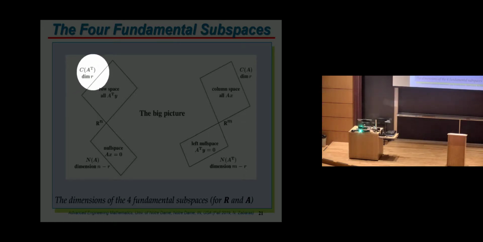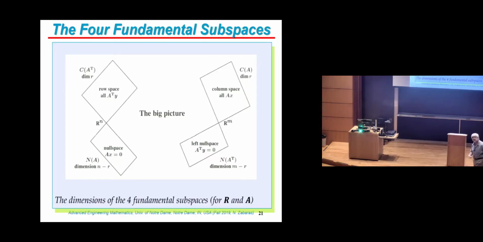It is r, the rank of the matrix. And you notice r plus n minus r is equal to n. So when you add the dimensionality of the row space and the null space, they give you the dimensionality of the space from where they come, and that space is Rn, which is n-dimensional.